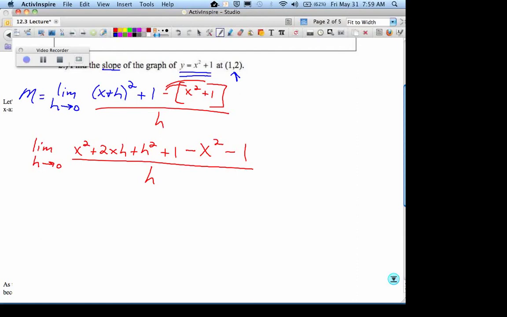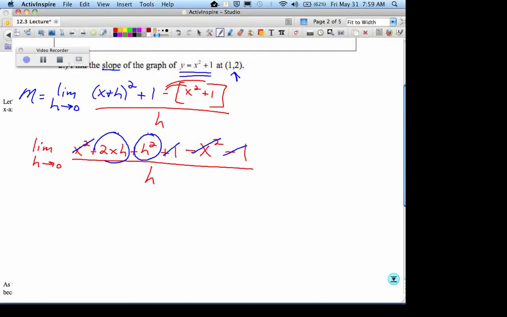What can we do? Well, there's an x squared and a negative x squared, a 1 and a negative 1. Notice all the terms that are left on top contain an h.